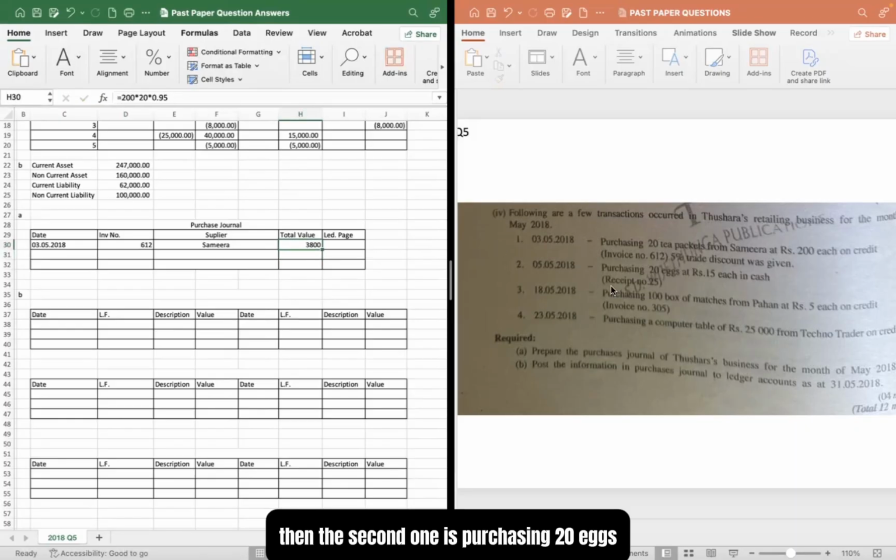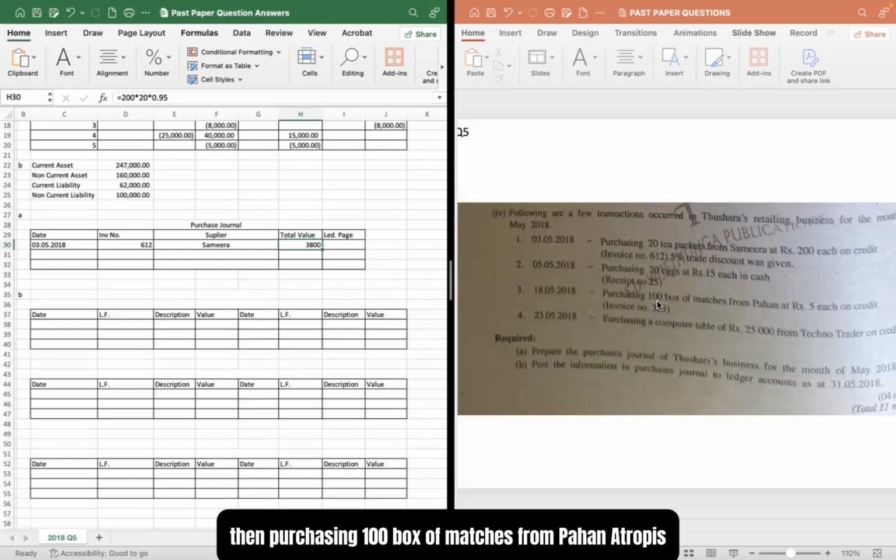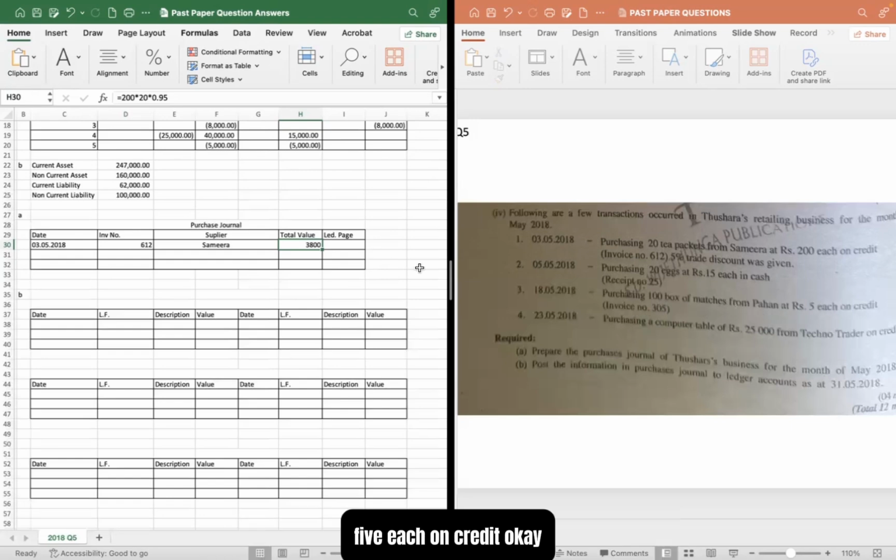Then the second one is purchasing 20 eggs at rupees 15 each in cash. So that is in cash, so we will not be recording it. Then purchasing 100 boxes of matches from Pahan at rupees 5 each on credit.